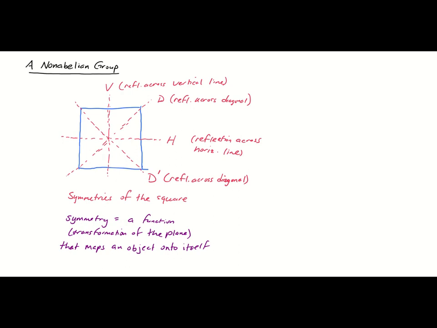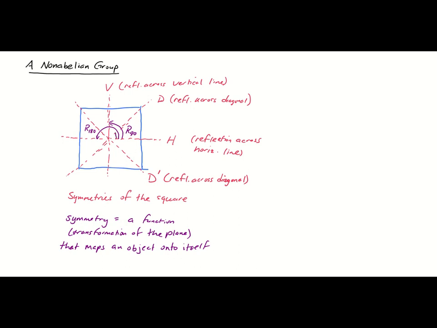All right, but those are not all of the symmetries of the square. Those are all the lines of symmetry, but there are other transformations I can perform that map the square onto itself. So one transformation I can perform is a 90-degree rotation. I'll call that R90. R90 is a counterclockwise 90-degree rotation of the square. I can also rotate by 180 degrees. We'll call that R180.